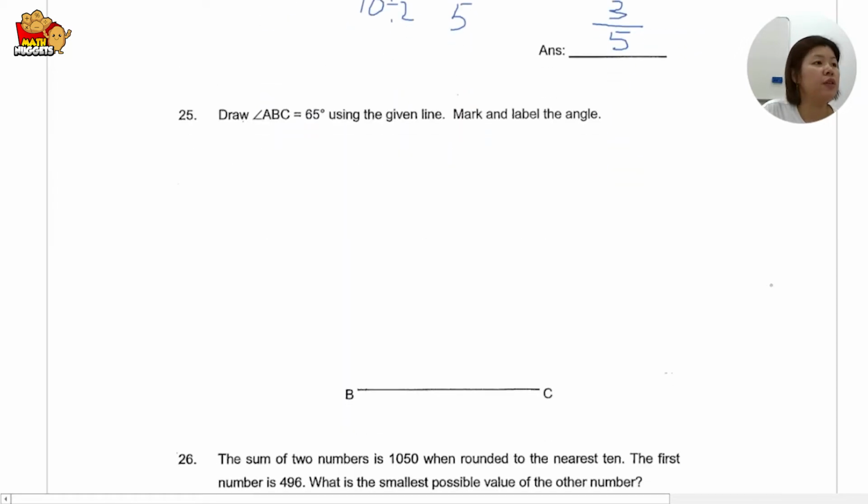Okay, let's move on. Draw ABC, which is equals to 65 degree. I don't have a protractor with me, but please remember, make sure it's B as the middle angle. Your protractor must be placed here. So 65 degrees is an acute angle.